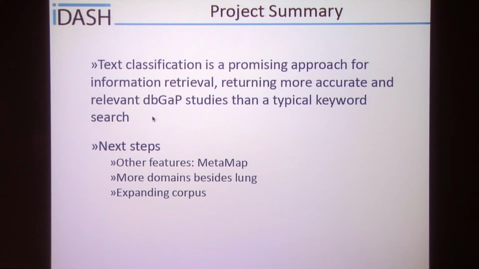We'd also like to expand our corpus simply because 264 documents is a relatively small data set to be working on, and we would like to prevent any possibility of overfitting our model. All of these steps are taken in order to develop a strong and accurate classifier that will hopefully be integrated into the phenotype discoverer system in the near future.